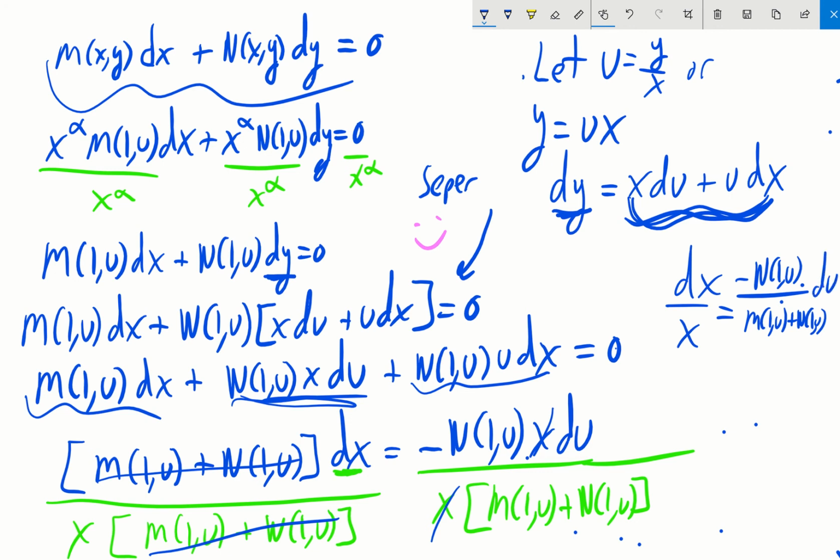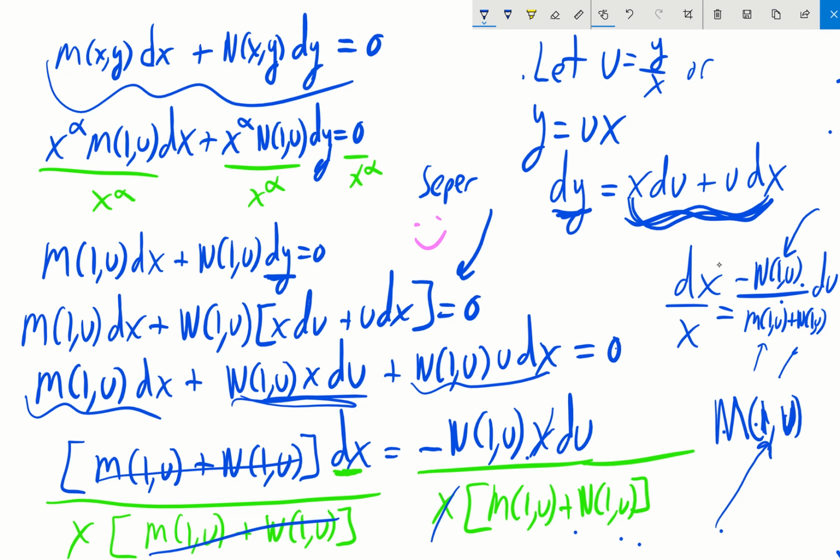du. And it might not have been at all obvious why we cared so much about this form, but notice these three terms. When you have something like m of 1 comma u, this is essentially a constant in x, so this really just gives us m as a function of u.